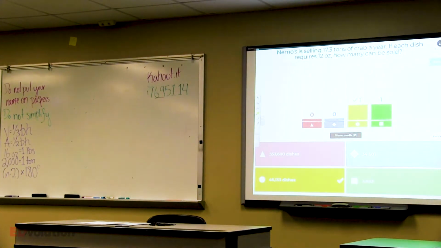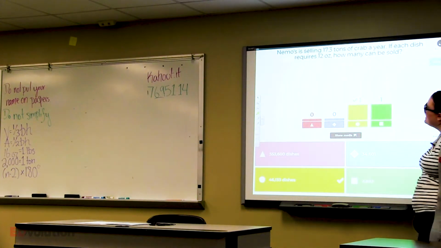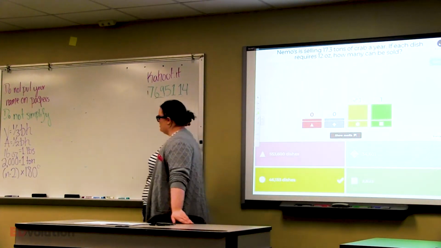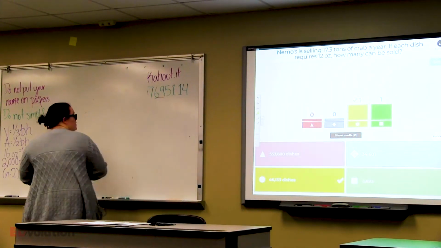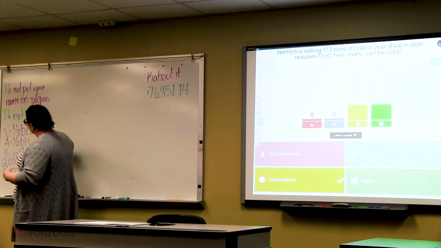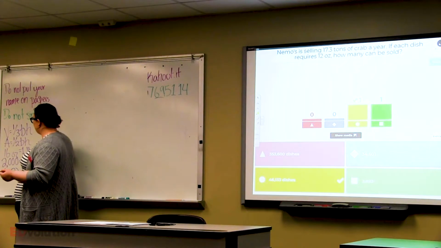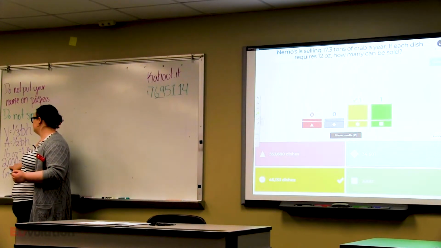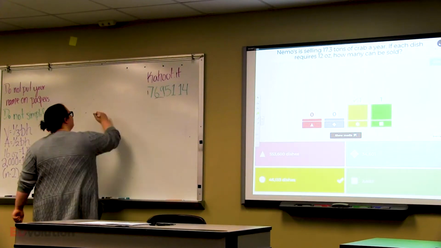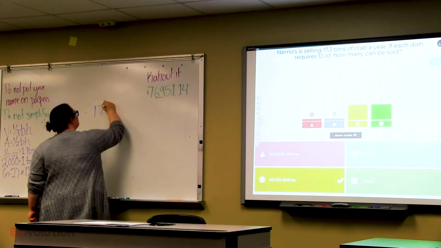All right, so now we're looking at conversions of weight. This is why we included 16 ounces equals 1 pound, and 2,000 pounds equals 1 ton. So we have 17.3 tons.